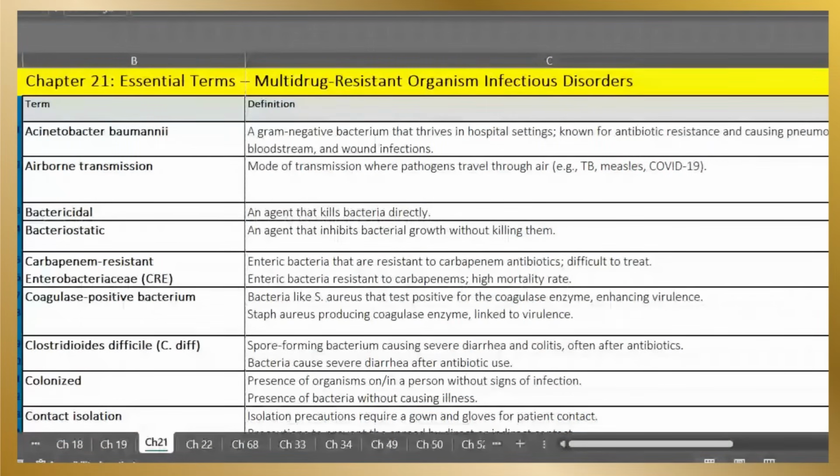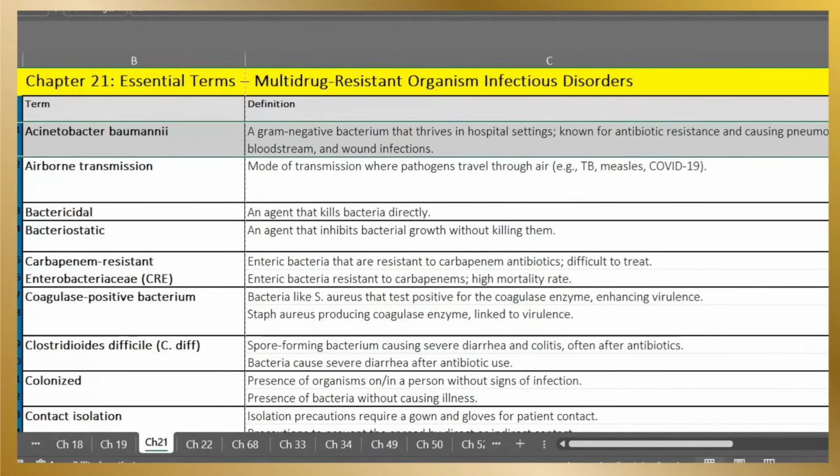Chapter 21, we have about 24 terms. It's about multi-resistant organism infection disorders. And the first one is Acinetobacter baumannii, a gram-negative bacterium that thrives in hospital settings.